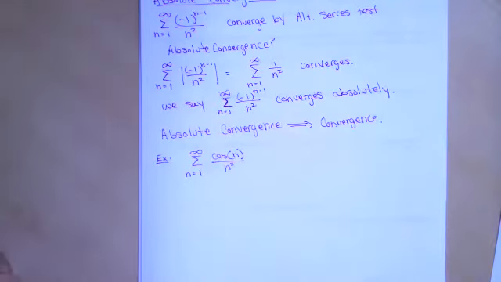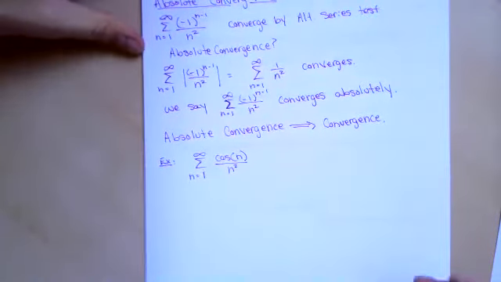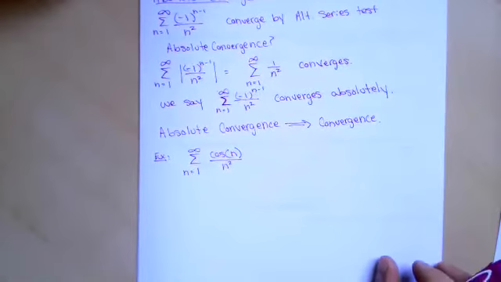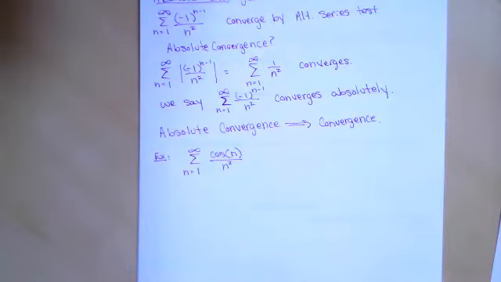Well, cosine of n, what's that going to look like? It's going to look like a bunch of crazy decimals. You would have to plug in integer values into cosine, and of course, it's measured in radians. And so you're going to get a bunch of crazy decimals. Some are going to be positive, some are going to be negative.